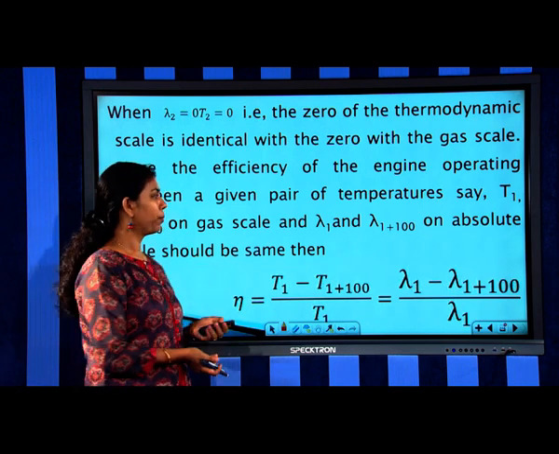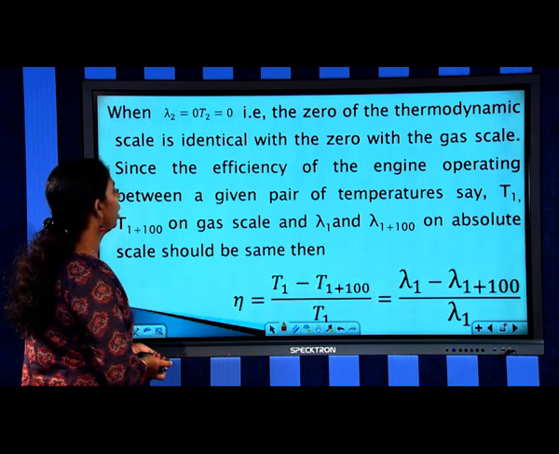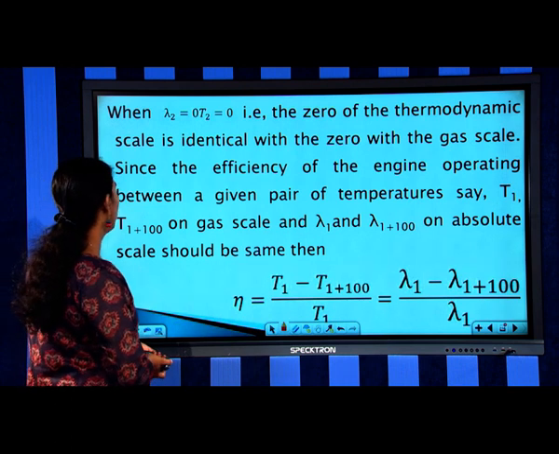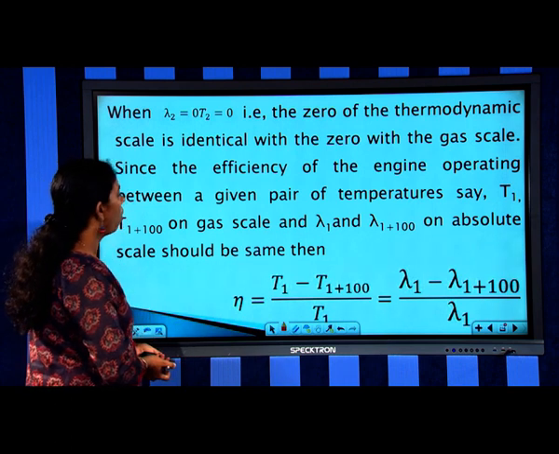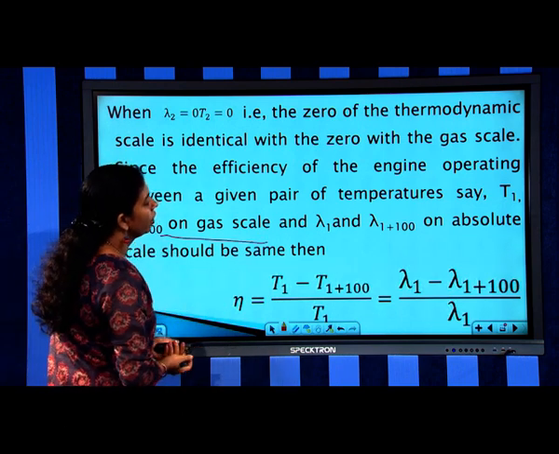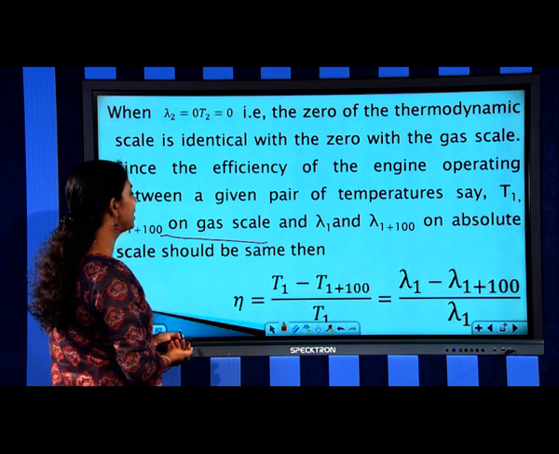The efficiency of the engine operating between a given pair of temperatures, say T1 and T1 plus 100 on a gas scale, and lambda 1 and lambda 1 plus 100 on absolute scale, should be same.